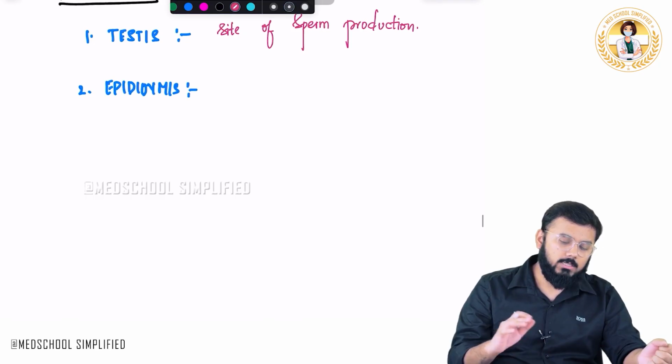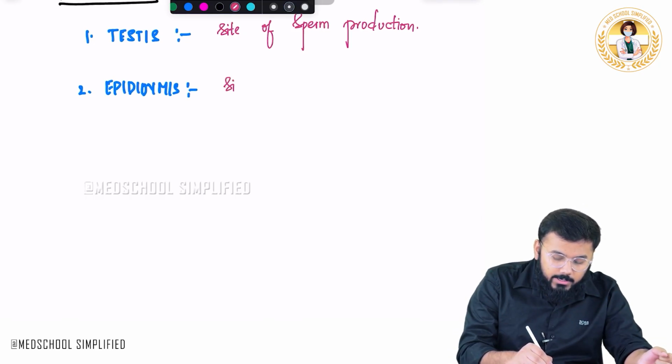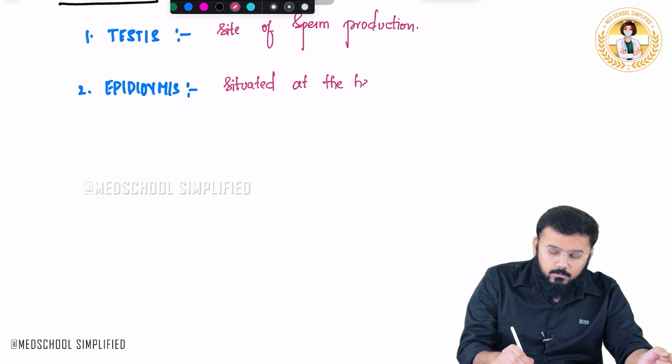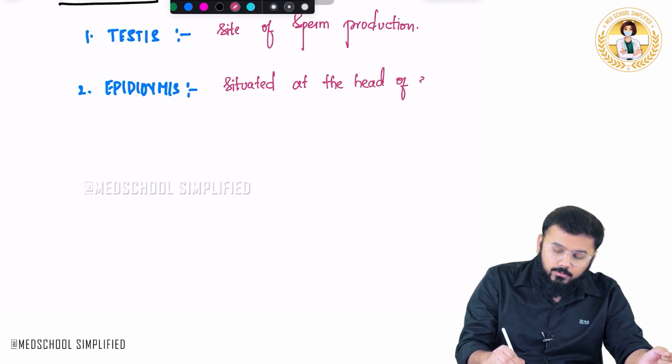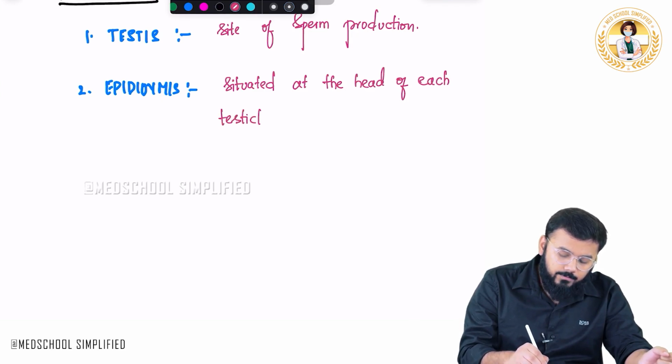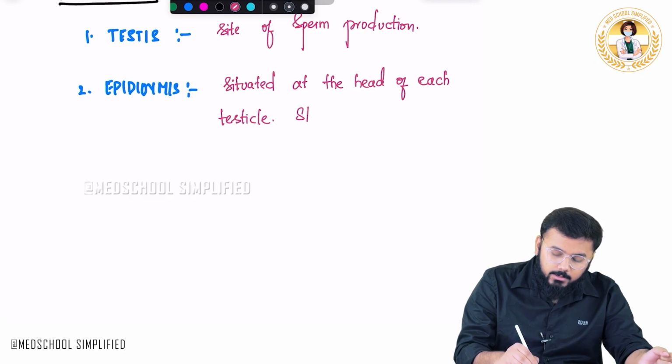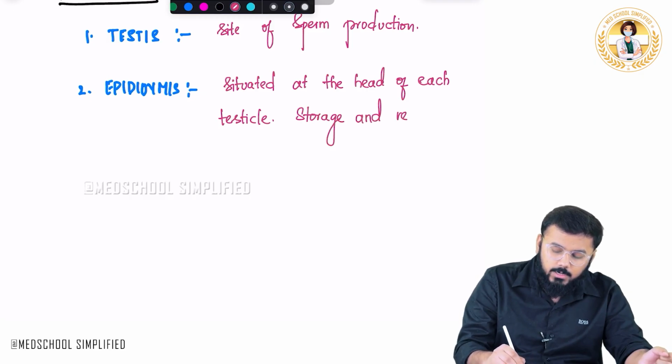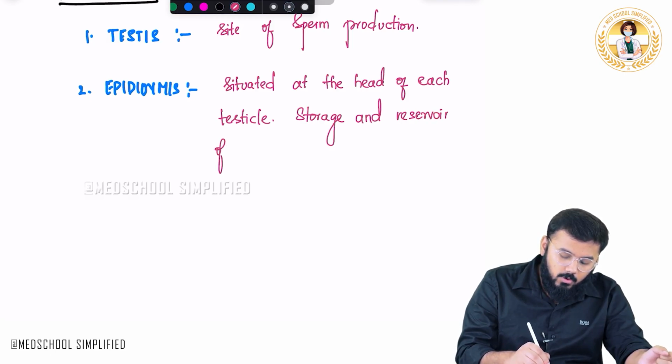So, where is this epididymis located? It is situated at the head of each testicle, and it is responsible for the storage and reservoir of the sperm.